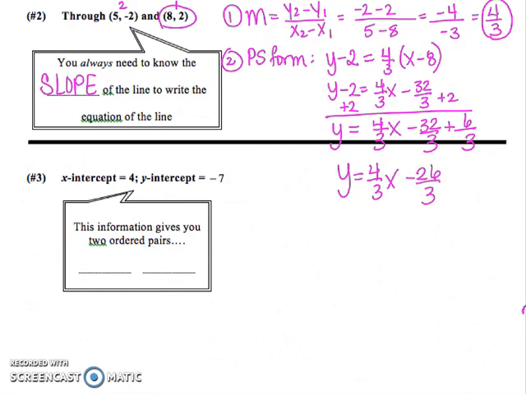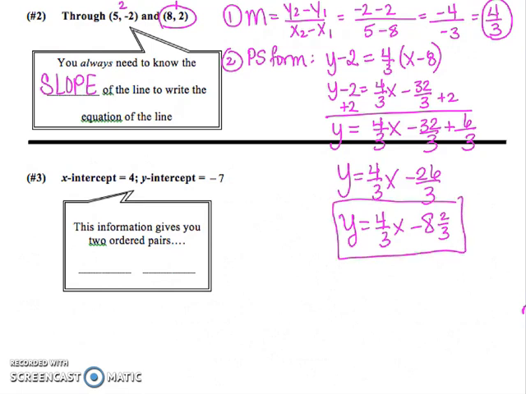You can certainly leave it like that, but if you wanted to turn it back into a mixed number, you could. So this would be the same as y equals 4/3 x minus 8 and 2/3. So either way, this is a good answer. In some ways, I like 8 and 2/3 just for graphing purposes.